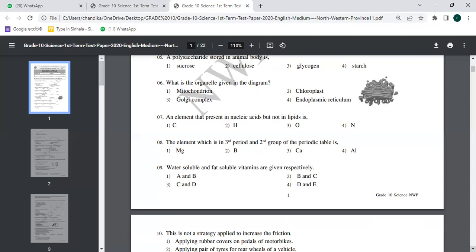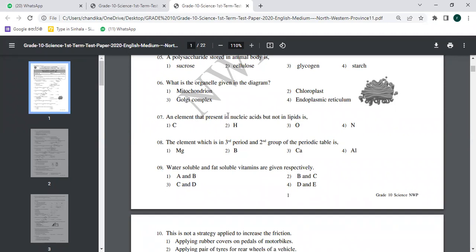Somebody may say endoplasmic reticulum. What is the feature? There are vesicles close by. Endoplasmic reticulum doesn't have vesicles close by like this. Vesicles are always coming in large number. Vesicles come out from the Golgi complex. Therefore, answer 3 is correct, Golgi complex.